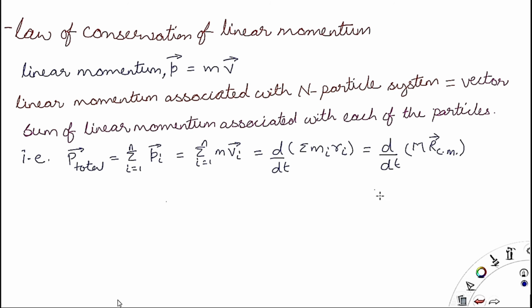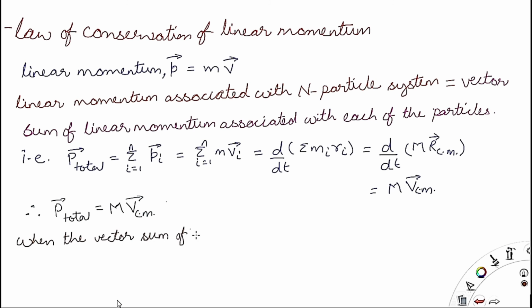Linear momentum is given by a small p, which is the product of mass into velocity. Linear momentum has the direction of the velocity.